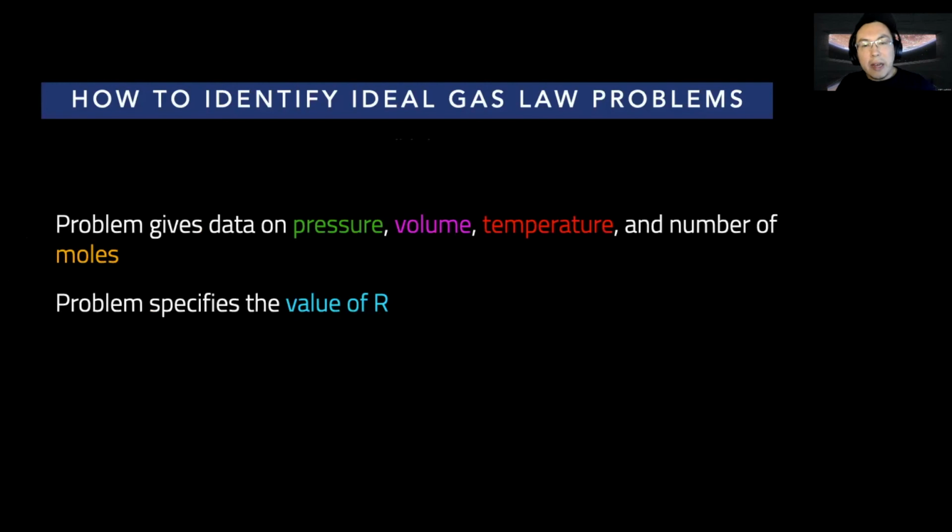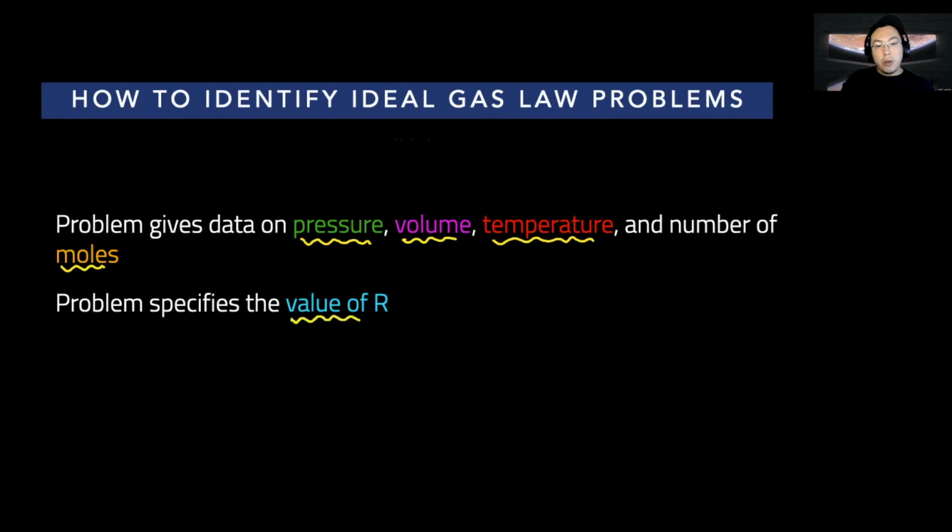So essentially, the way that we identify these types of problems, or that we have to approach this problem using the ideal gas law formula, is that we're being given these variables, right? We're given a pressure, we're given a volume, we're given a temperature, or given moles, right?